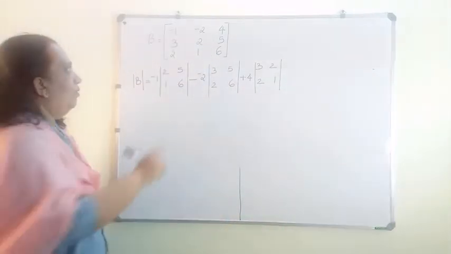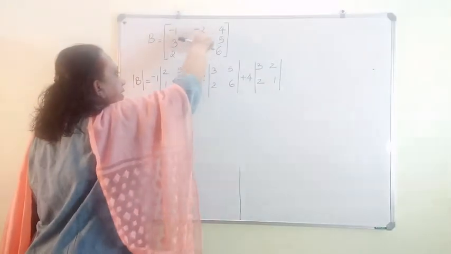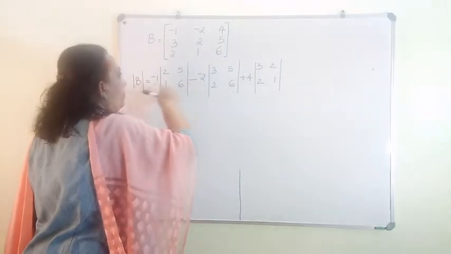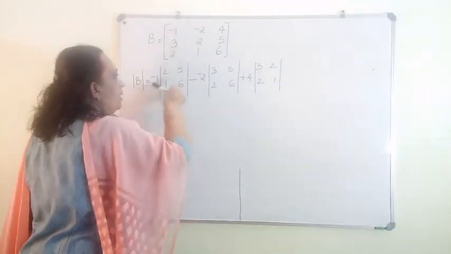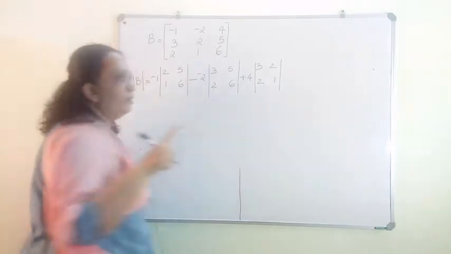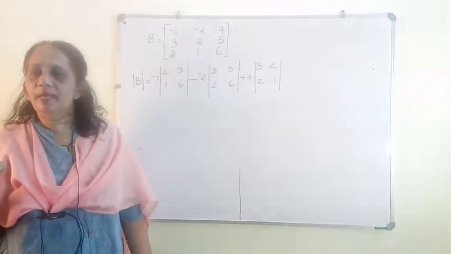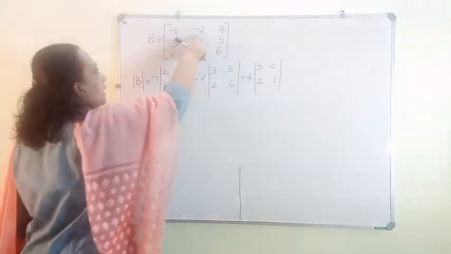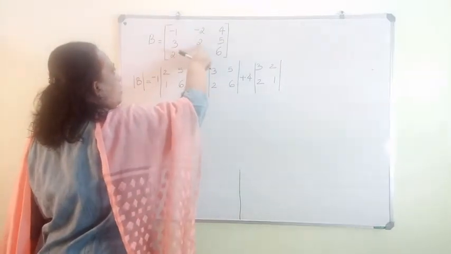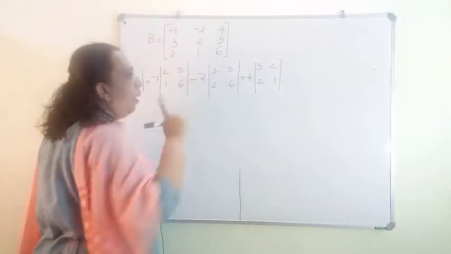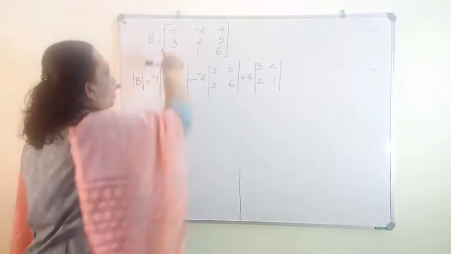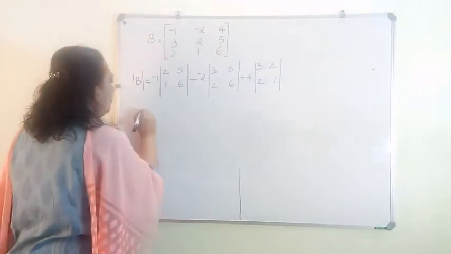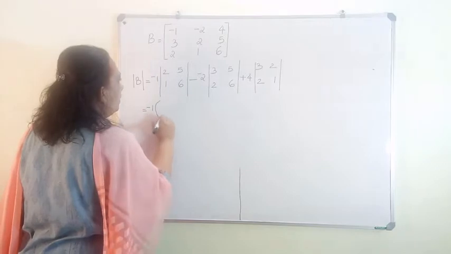So you have to remember, when you are expanding a determinant, the expansion sign will be positive, negative, positive, negative, positive, negative. In an alternate form, it goes from positive to negative.